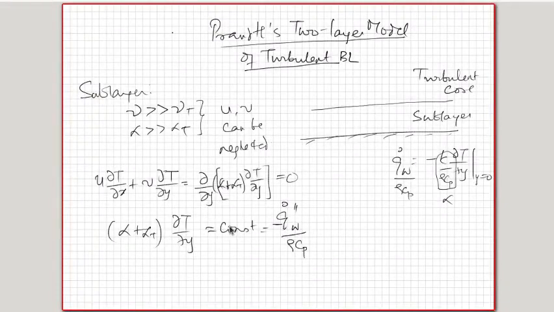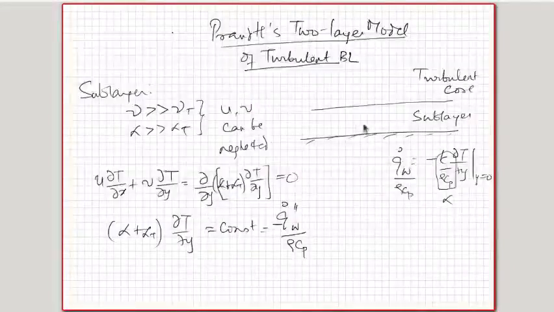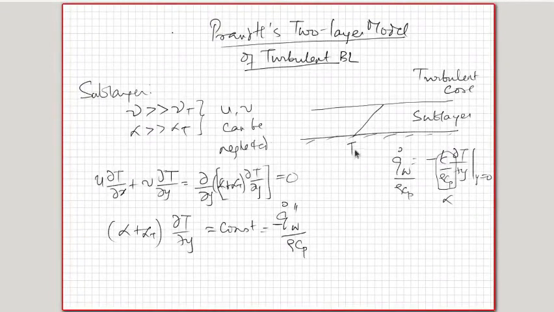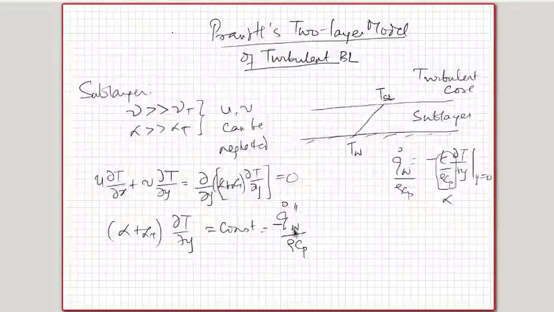So this is your expression for the boundary layer, and since this is a constant, the slope of temperature with respect to y is a constant, so the temperature can be taken to be a straight line from T wall to some temperature called T SL, which is the temperature at the edge of the sublayer.